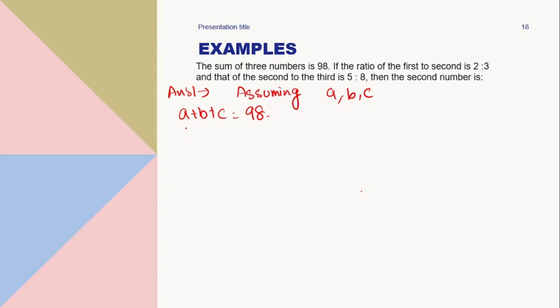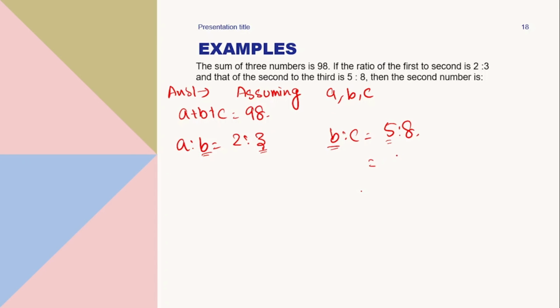Okay. So it is said that a is to b equals 2 is to 3 and b is to c equals 5 is to 8. So here in both ratios b is common, but the value is not common. Here it is 3, here it is 5, so we have to make it common.